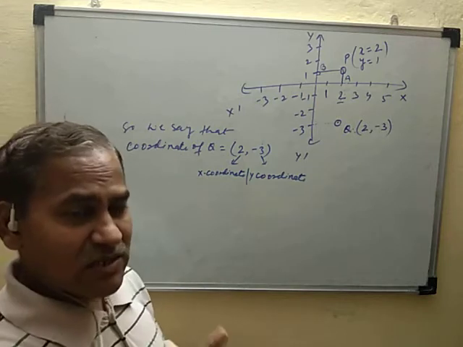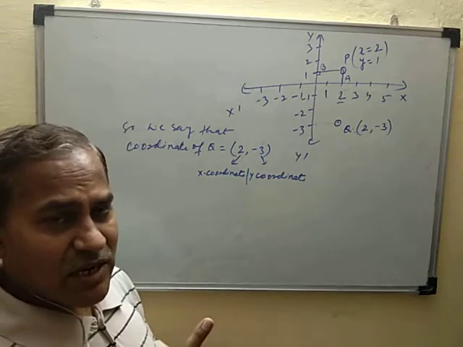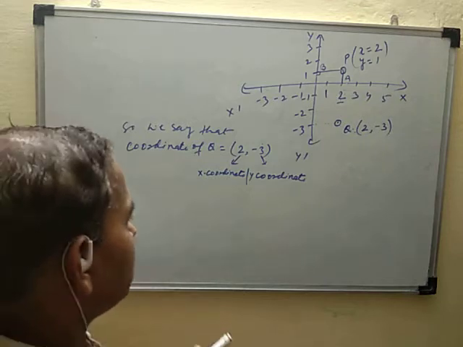So the first number is the x coordinate and the second number is the y coordinate.